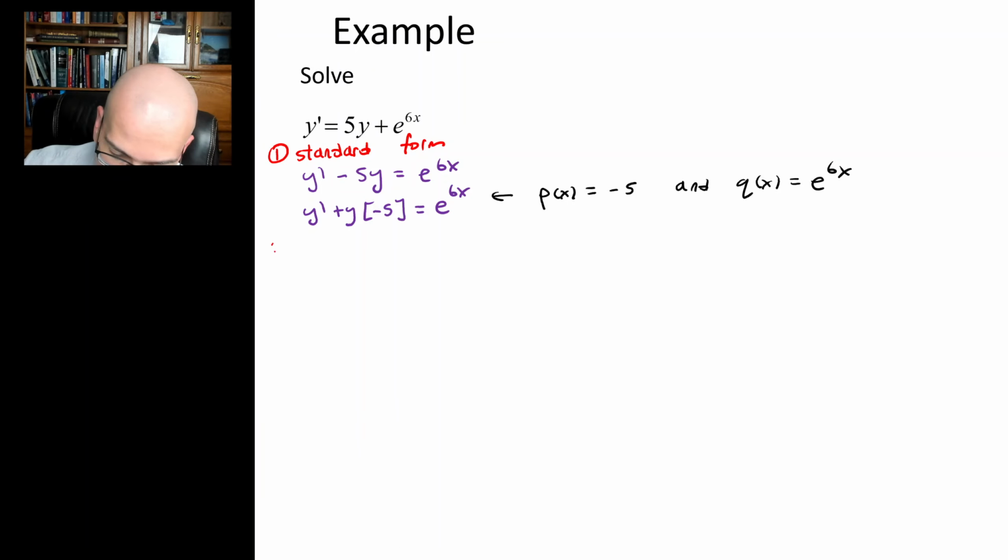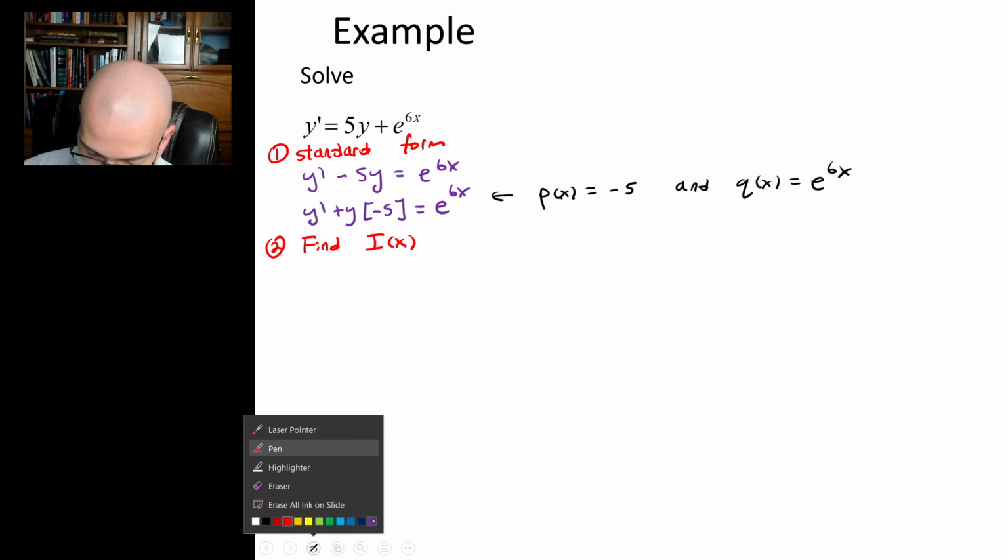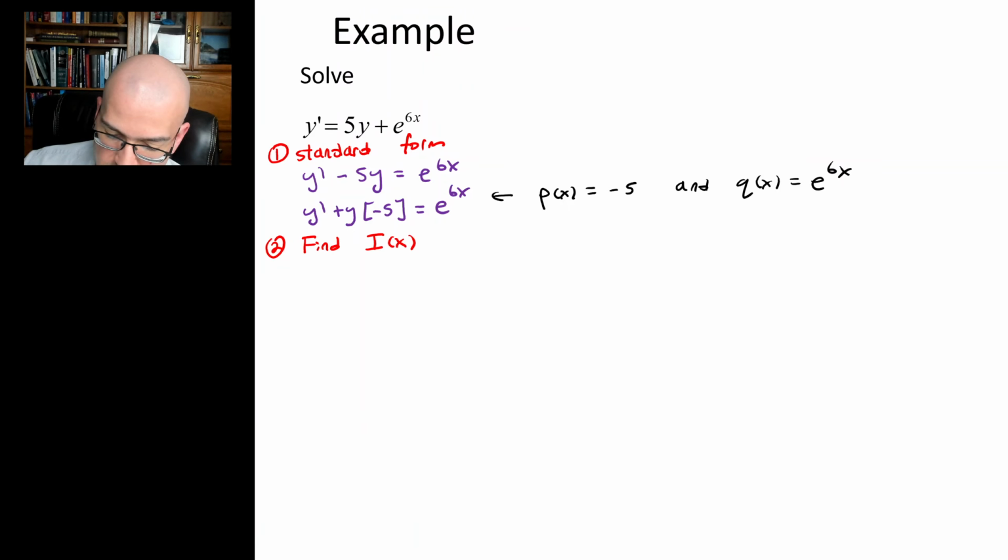Okay, step 2, find I of x. So first we integrate p of x. That's the integral of negative 5. But that's a nice integral to have, just negative 5x.